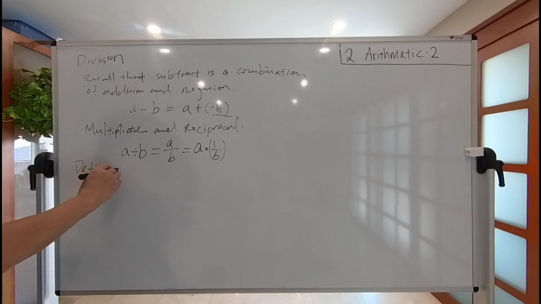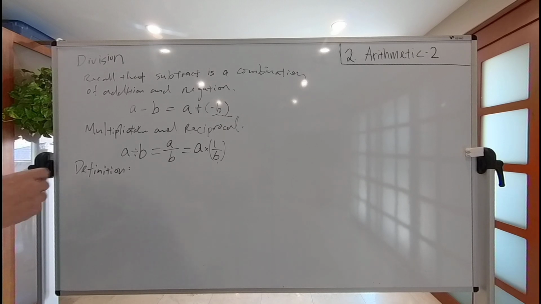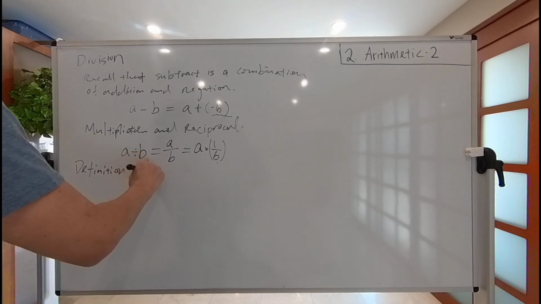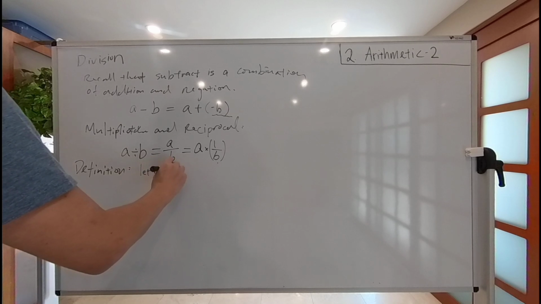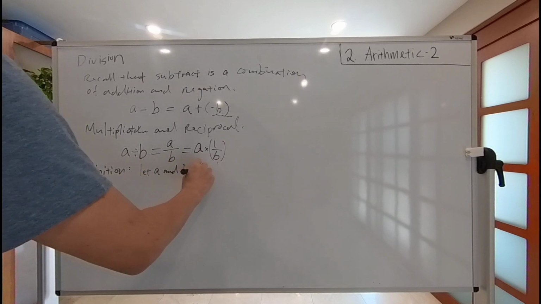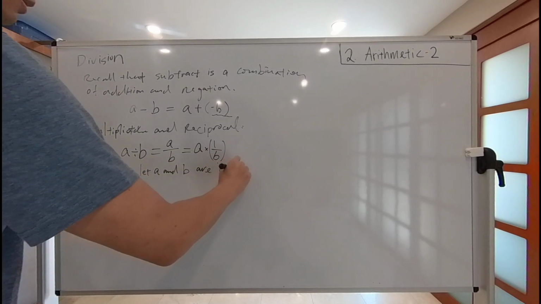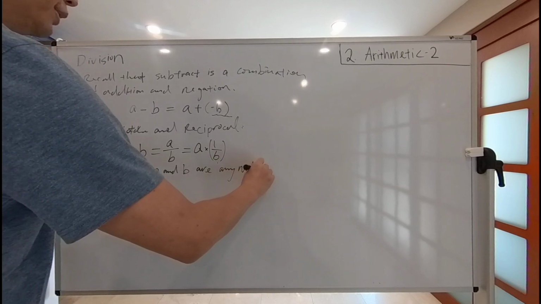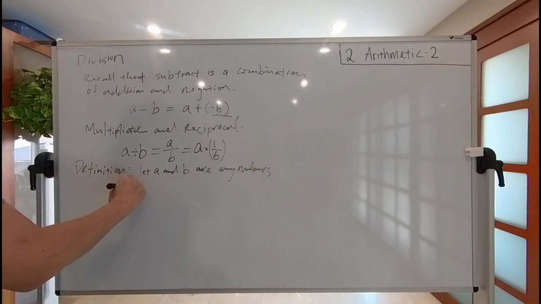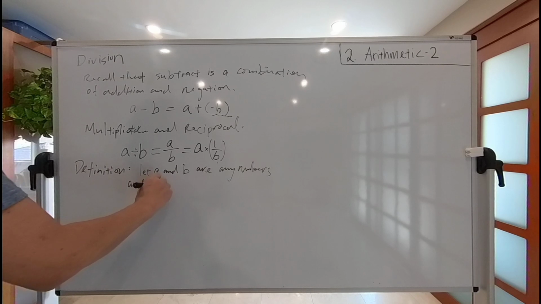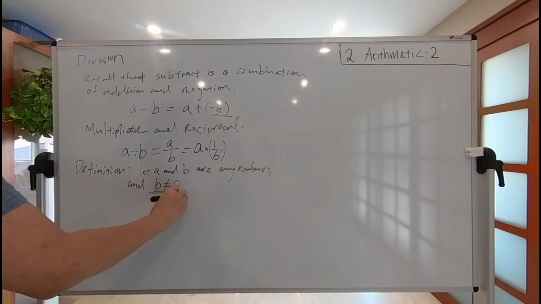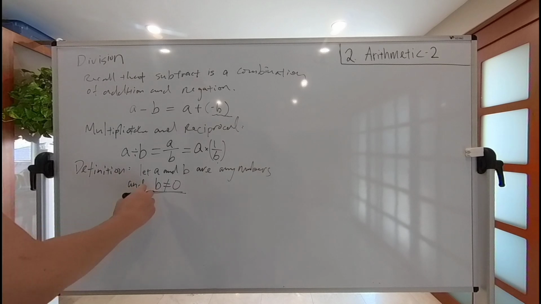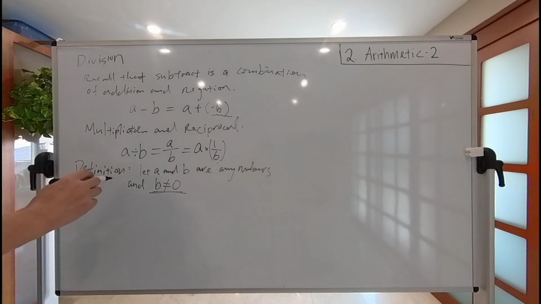So now if we go into the definition, so how do we define? So if we let a and b be any numbers and b cannot be 0, we'll go back to this very soon, but b cannot be 0 in this case.